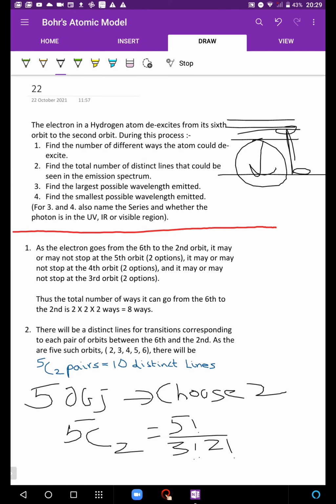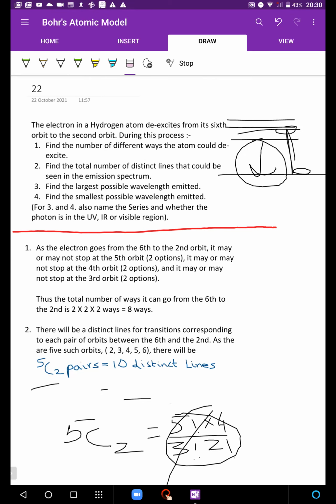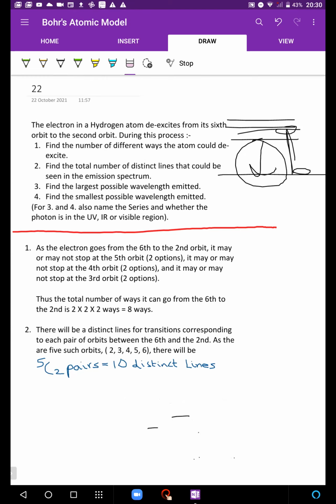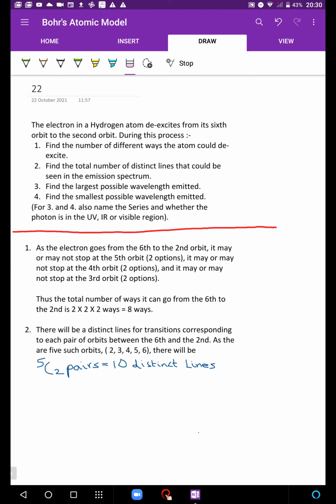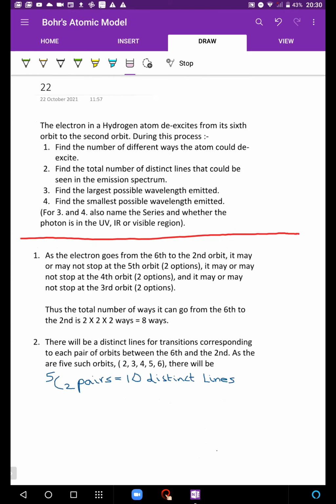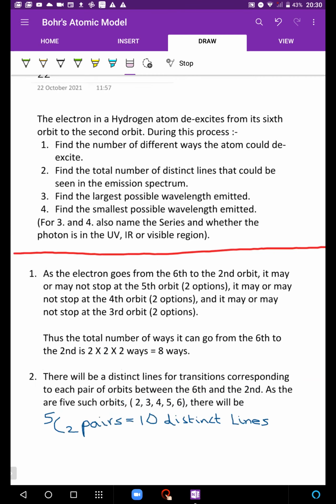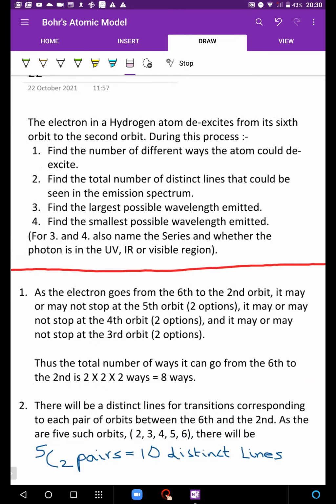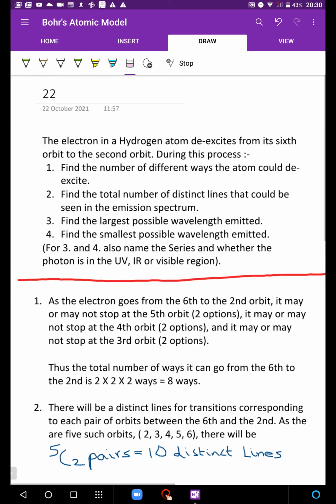That's what your sir had done: number of orbits C2. Now you have a logic for that as well. N2 minus N1 plus 1 was the number of orbits.